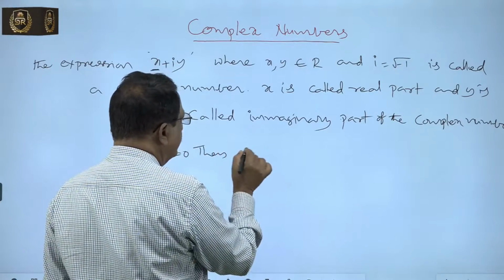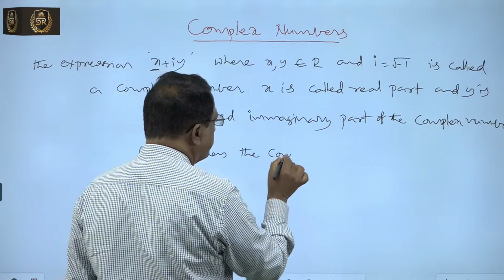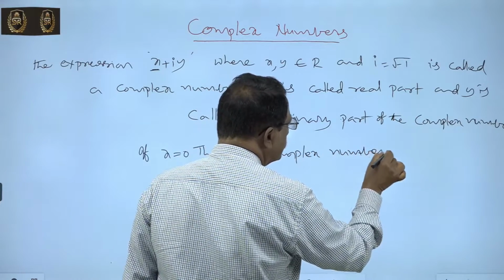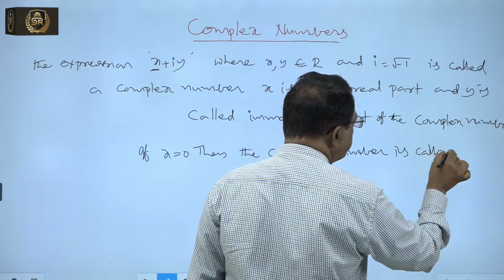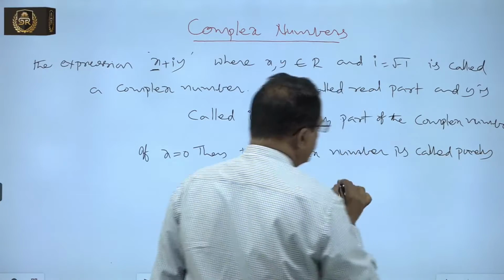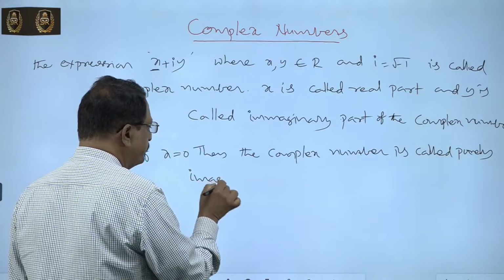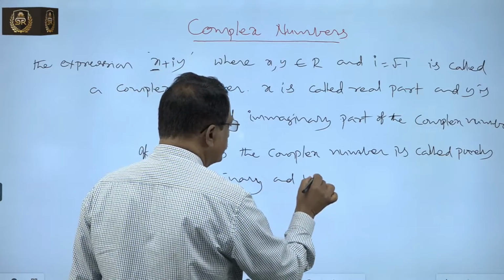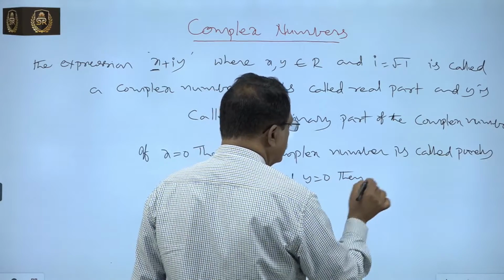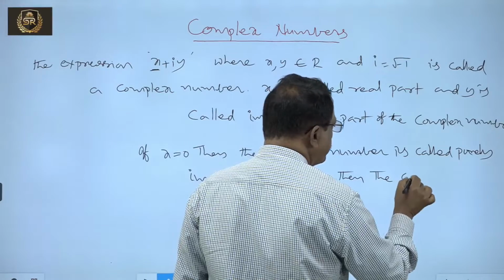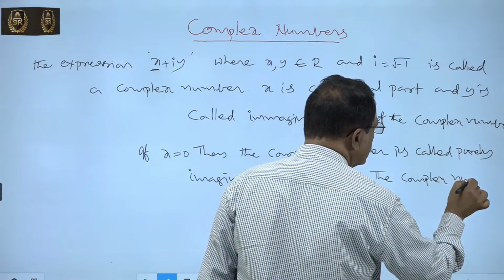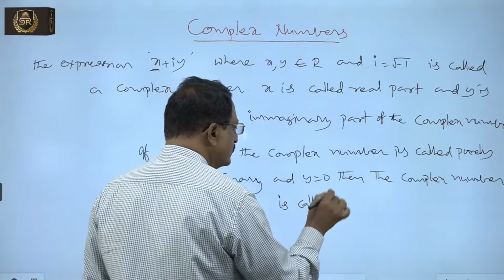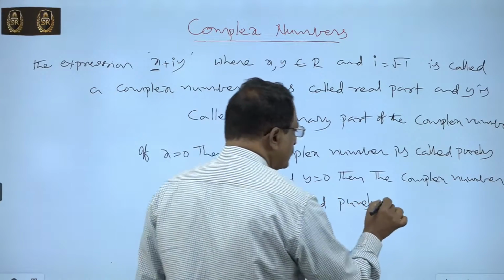And if y equals 0, then the complex number is called purely real.